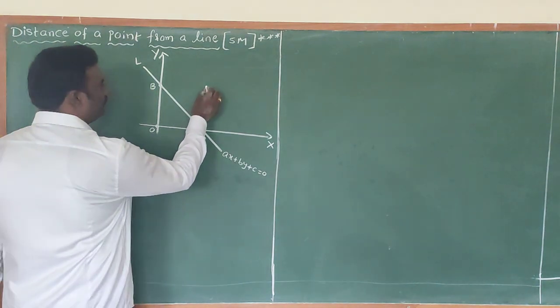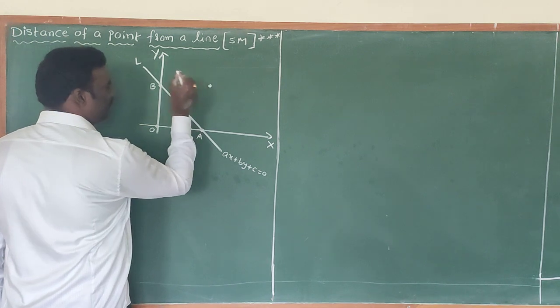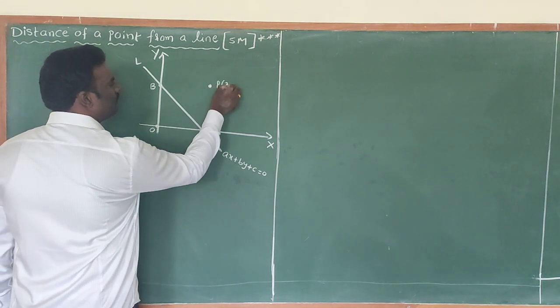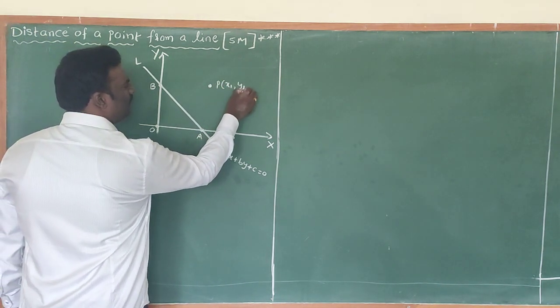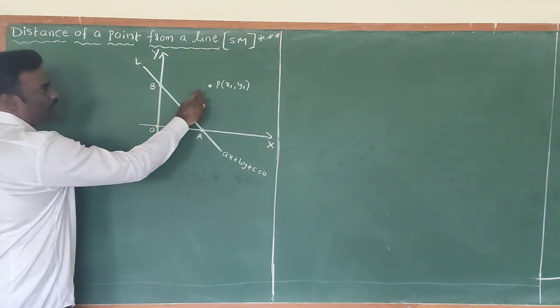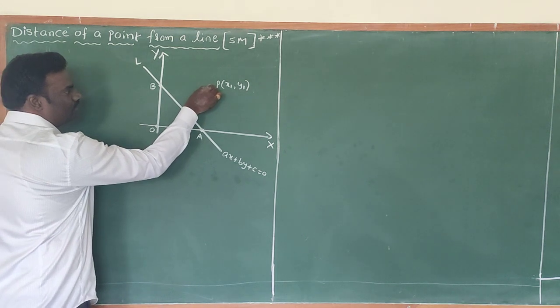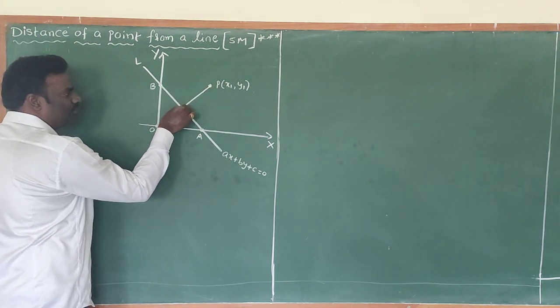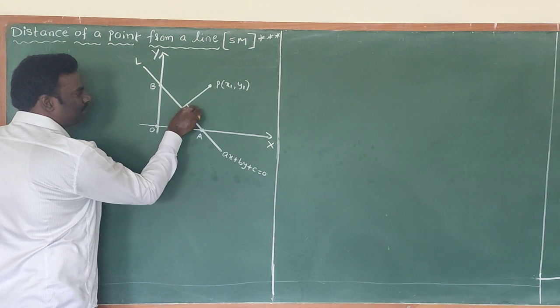Now here I am taking a point, this is P (x1, y1). We need to find the distance from this point to this line. This distance we need to find. This is always perpendicular.